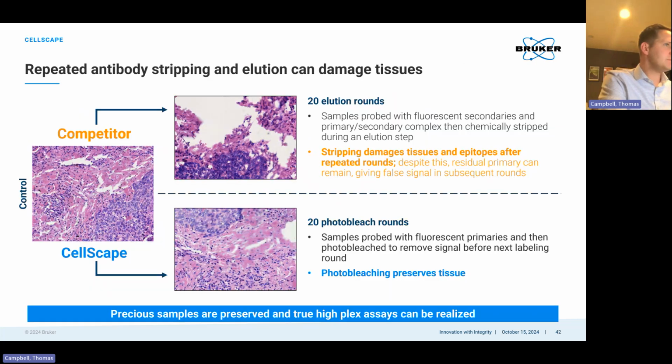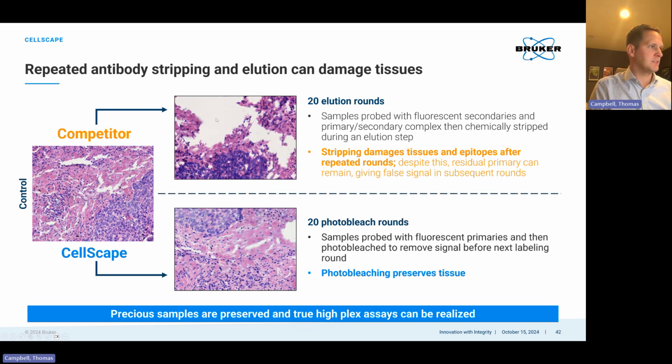If we compare this to elution or stripping based methods, where you need to remove the primary-secondary antibody complex, we know that we see really significant impact in not just the epitopes, but also the tissue morphology.